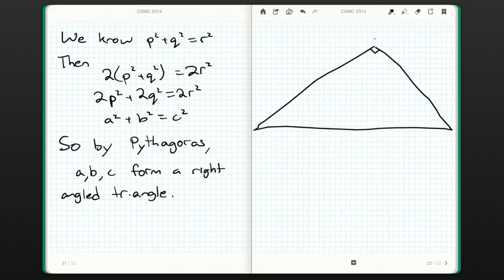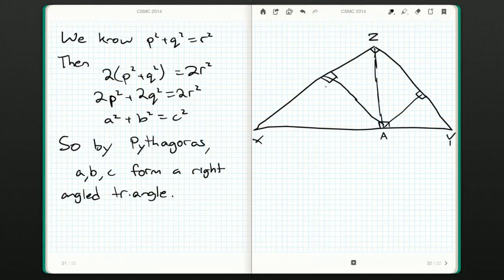Alright, so we have a right angle here, Z, X, Y. We have A. Right angles here.